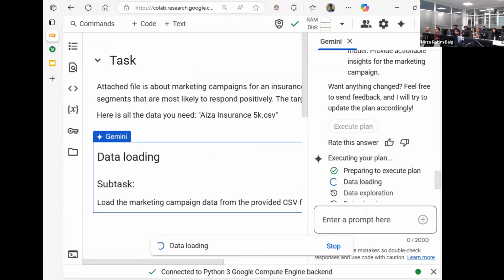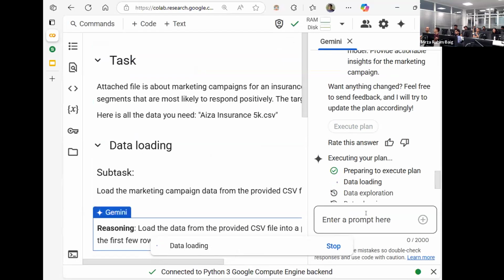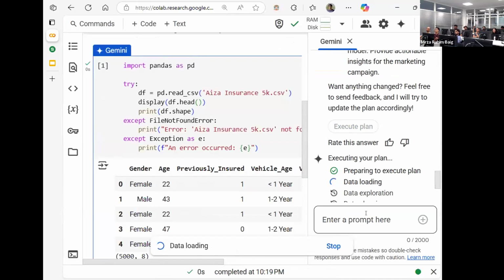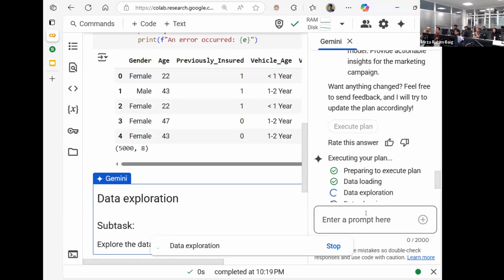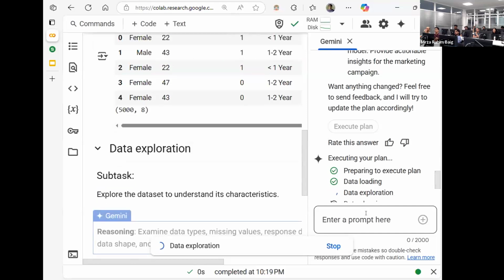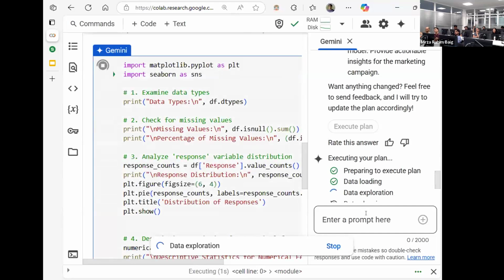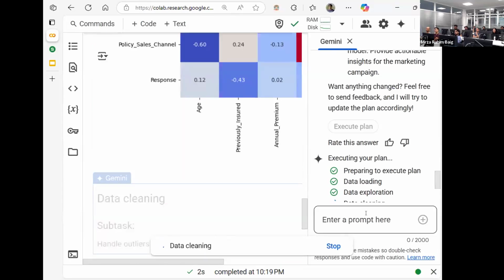So it loads the data, each of the subtasks performs. Loads the data, no error occurred so far, and it keeps getting updated by itself. I think it made a rather complex plan, but anyway, let's see. Now it's going into a visualization aspect, the distribution of the response, the missing values. Still in data exploration.